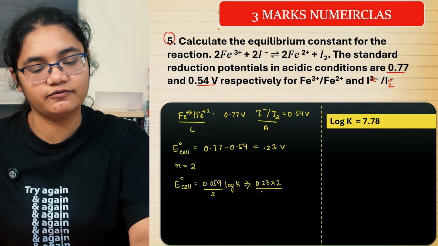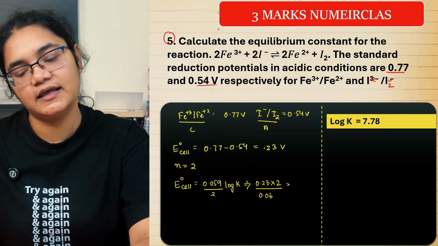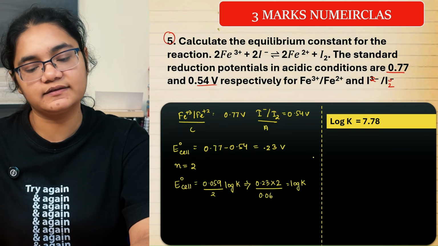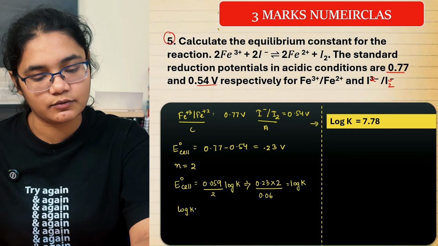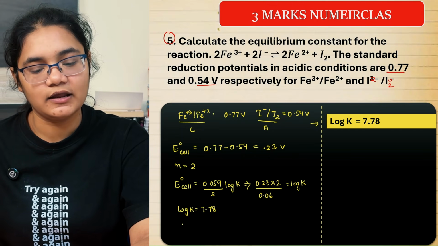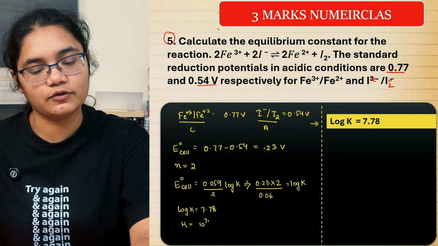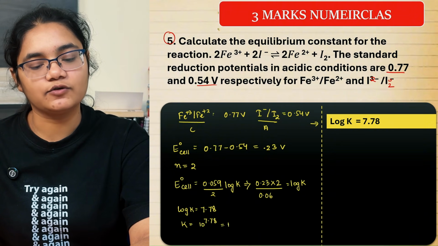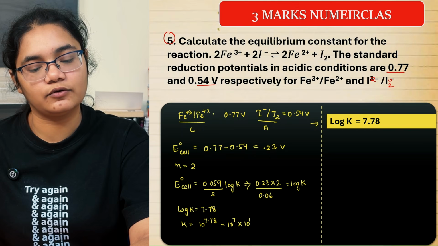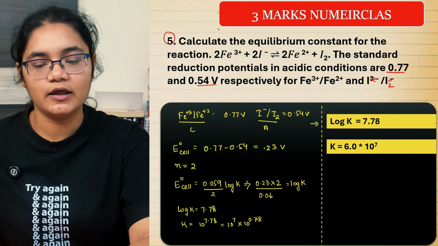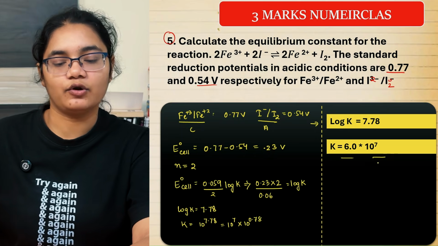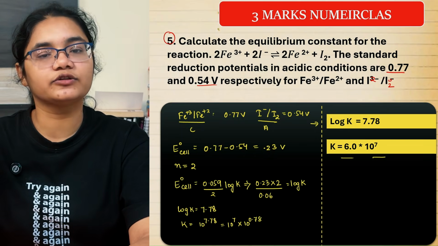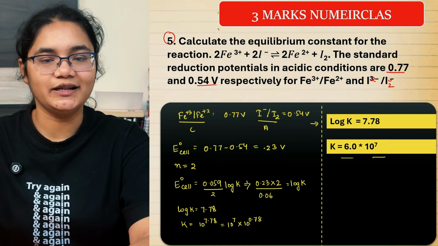Okay, 0.059, I can write as 0.06, is equal to log of K, and this gives me log K value as 7.78. Now what is the K value? K value is 10 to the power of 7.78. Now we can solve it as 10 to the power of 7 into 10 to the power of 0.78. Now if you take the anti-log of this one, you will get 6 into 10 to the power of 7. You can also remember log 3 value is somewhere around 0.78.